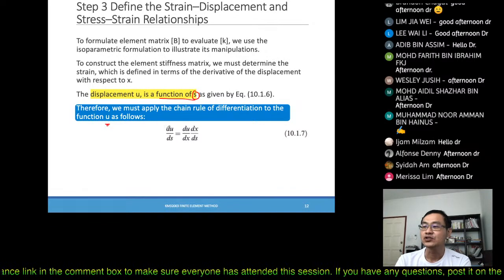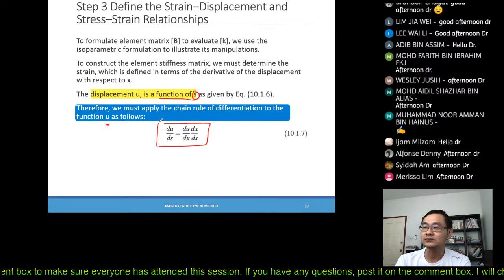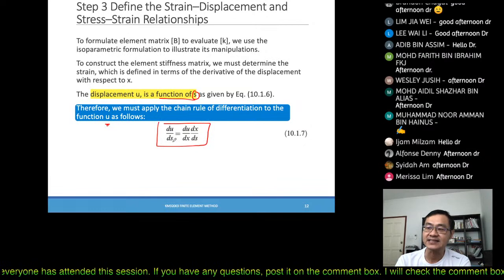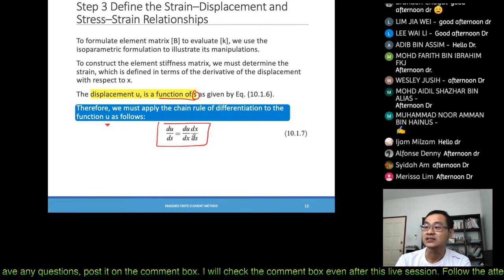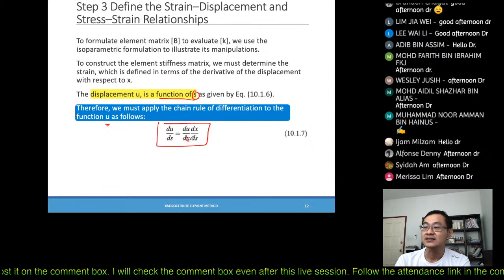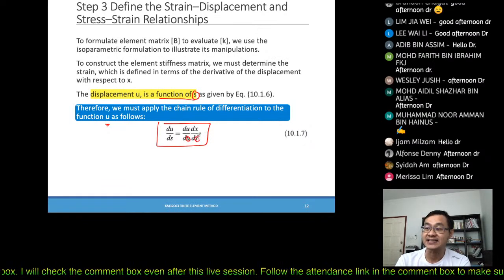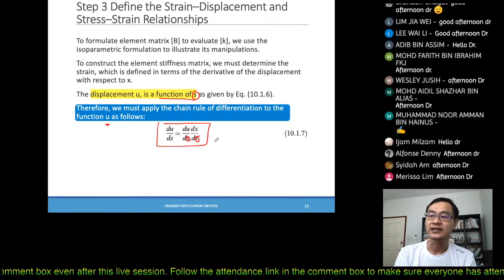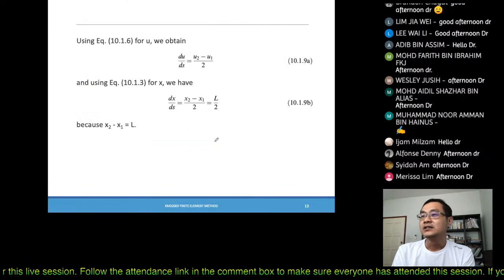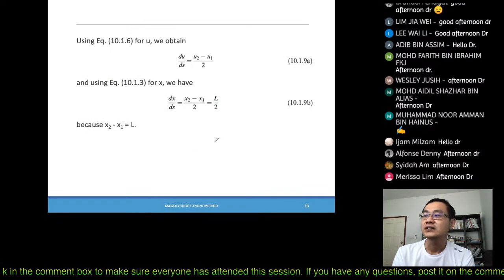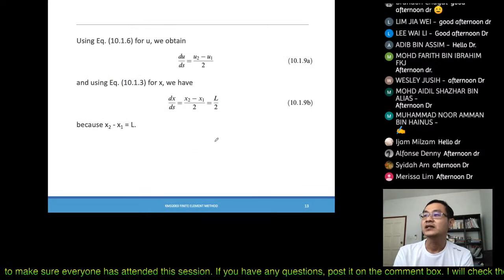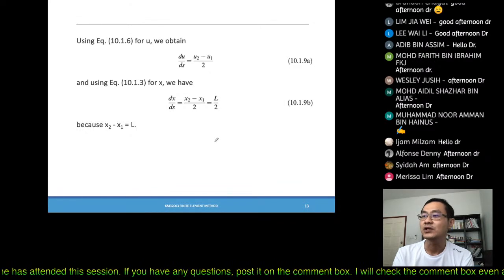So we will differentiate du over ds. We have the chain rule. Instead of x, we have to use s, the natural coordinate. Using that, when we differentiate them, we will obtain these formulations.